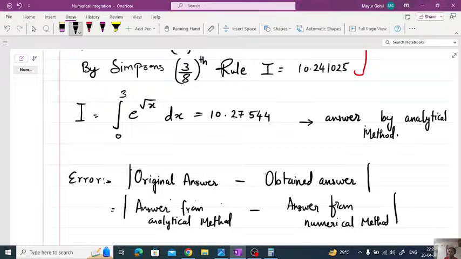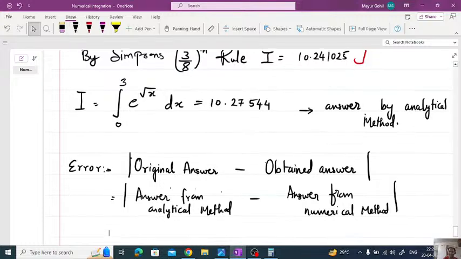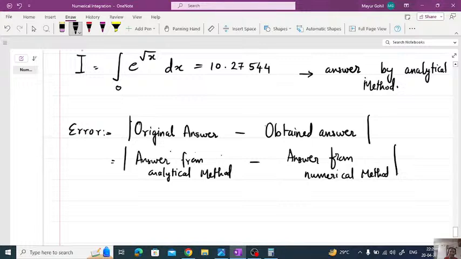Sometimes some people put mod, sometimes some people don't put mod, it is okay. Error in this answer you can find this way.